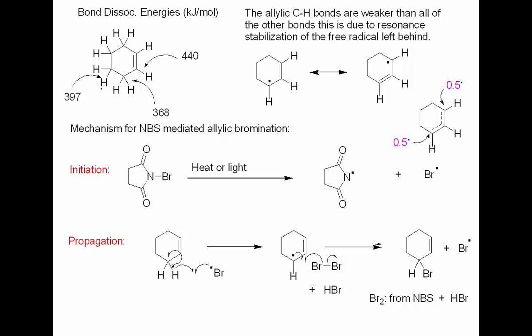What we see here is that the CH bond that's allylic is the weakest. And remember, we correlated weak bonds with some sort of stabilization of the resulting free radical. So this means that the free radical at the allylic position is more stable than at any other place.